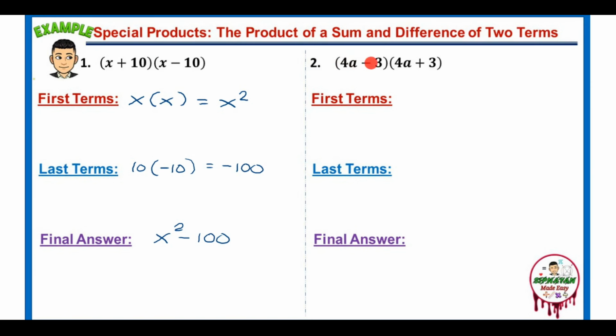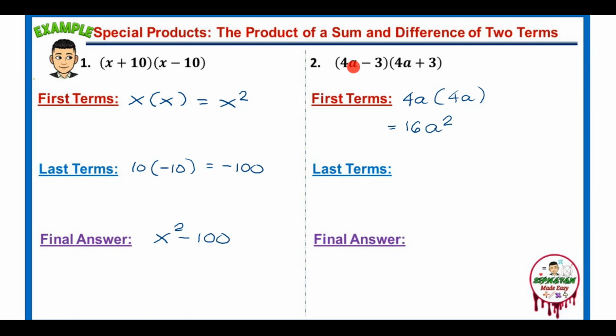In 4a minus 3, the first term is 4a. In 4a plus 3, the first term is also 4a. Multiplying 4a with 4a, we have 4 times 4, that is 16, a times a, that is a squared.